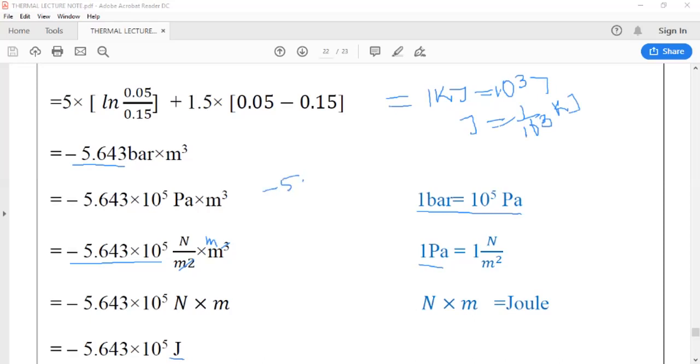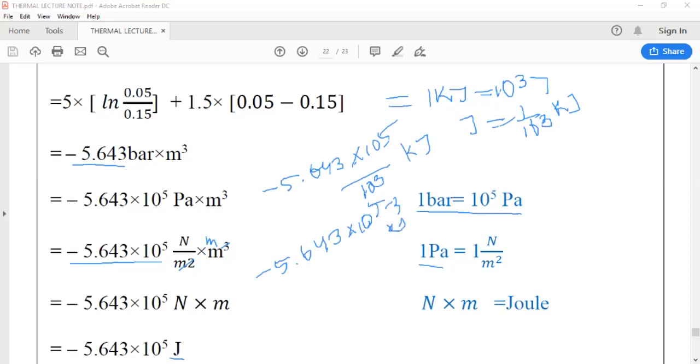Minus 5.643 into 10 to the power 5 divided by 10 to the power 3 kilojoule. So 10 to the power 5 divided by 10 to the power 3, the base is the same, so the powers subtract: 5 minus 3.